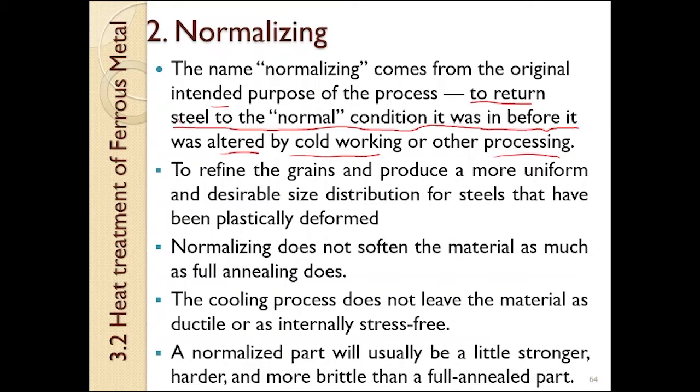The normalizing needs to be done in order to make the condition of the steel return to its normal condition or normal state. It is also to refine the grain and produce a more uniform and desirable size distribution for steel that has been plastically deformed.